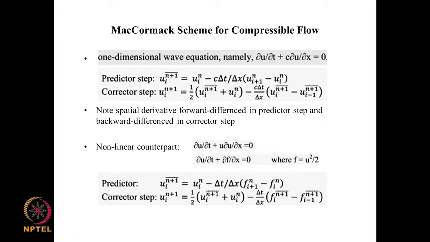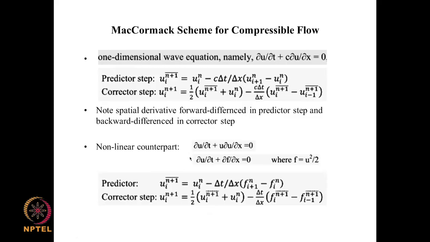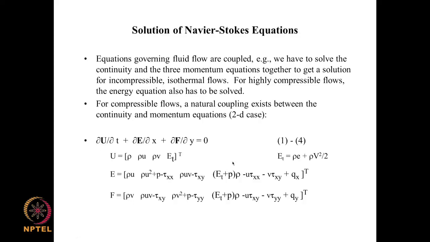So, it is written as dou f by dou x where f is equal to u square by 2. Once you substitute this, this comes out. These are mathematically equivalent, but this is the form we are dealing with here. We are anticipating having to use that form for the set of coupled equations.